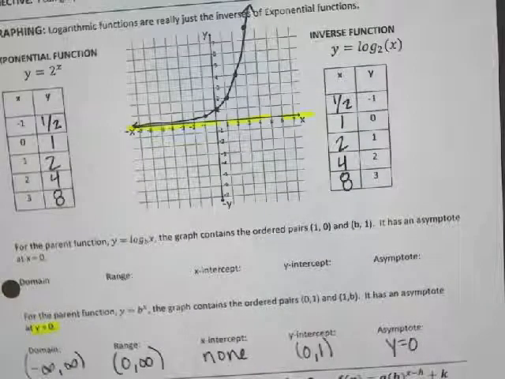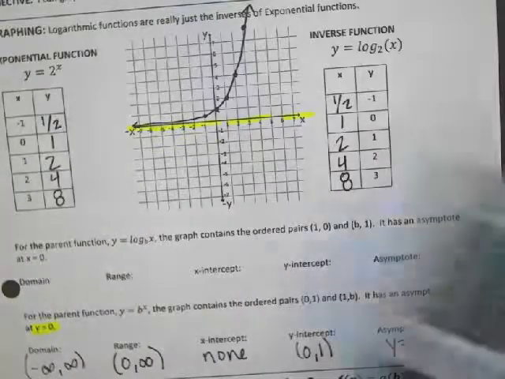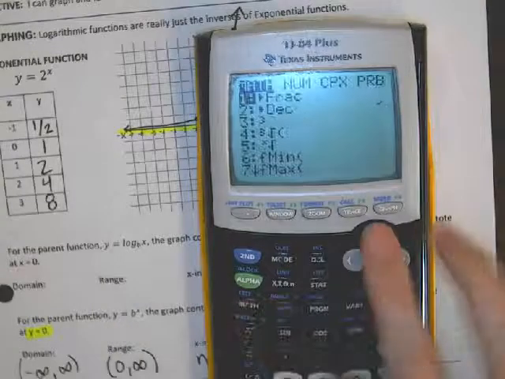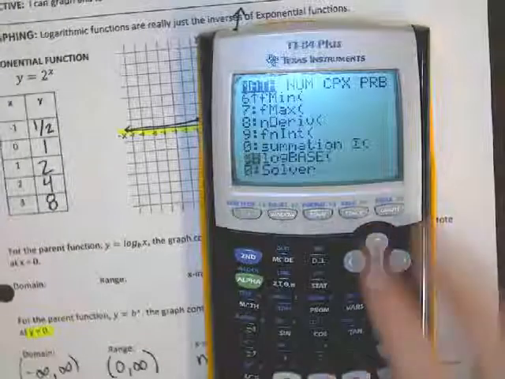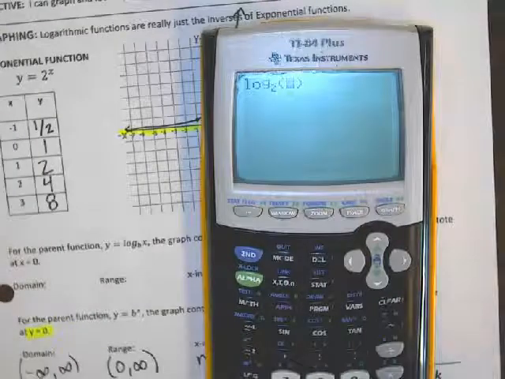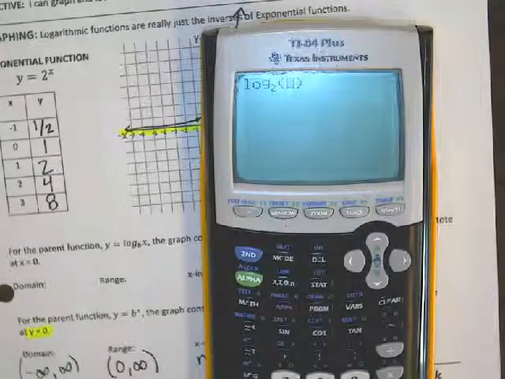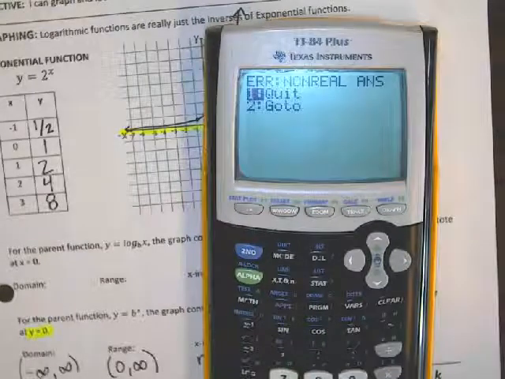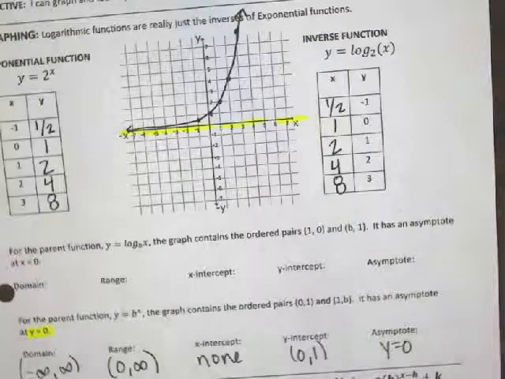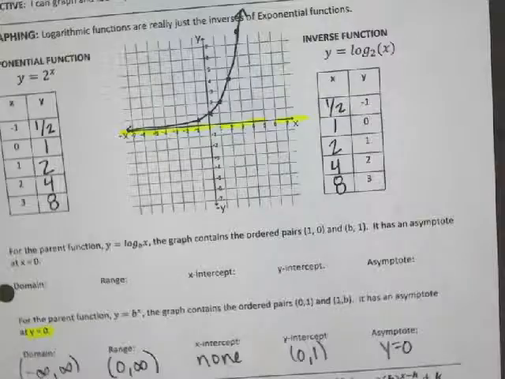It wouldn't exist then. And to prove that, let's go plug it in our calculator, and you'll see that your calculator is going to say error. So we'll do log base 2. Whoa. Give me a negative number. 7,000. Error. Not a real answer. Okay, what about 0? 0 is not negative.